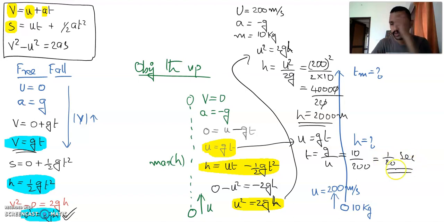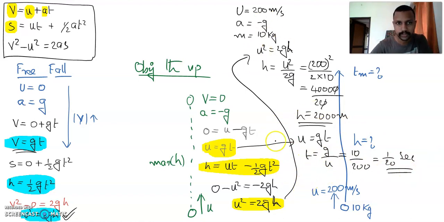Therefore, this is the answer. It will reach the maximum height in 20 seconds. The maximum height reached in this situation will be 2000 meter. Therefore, this is regarding the object thrown upwards situation also.